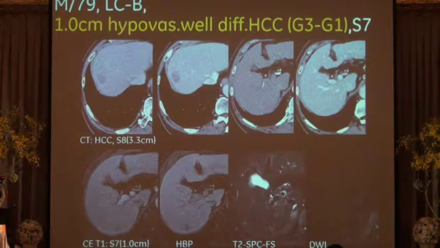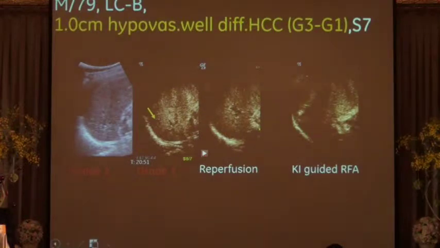So we diagnosed probably hypovascular well-differentiated HCC. Conventional US didn't show the nodule, but here you can see the round defect in the Kupffer image. So we also performed Kupffer image guided RFA. The tumor was completely ablated.